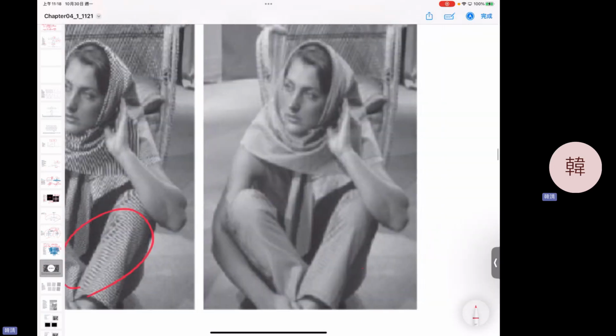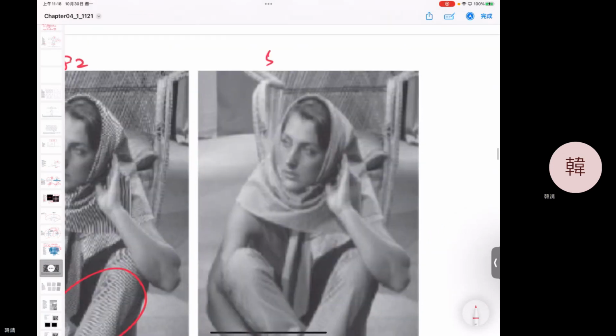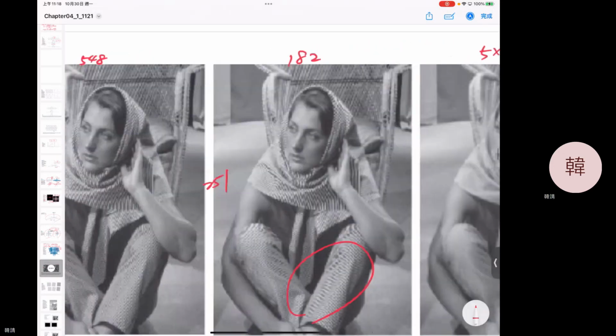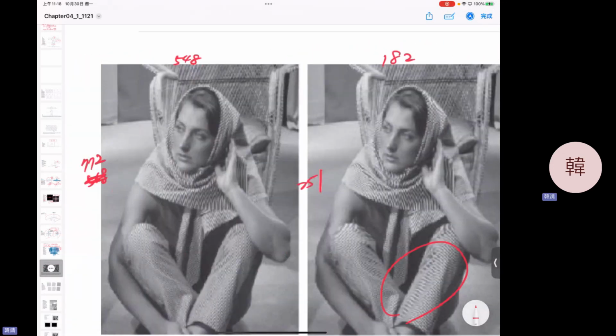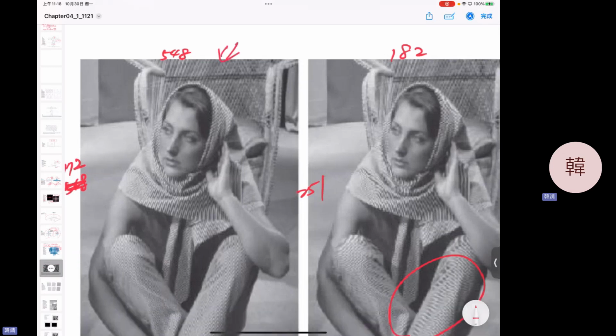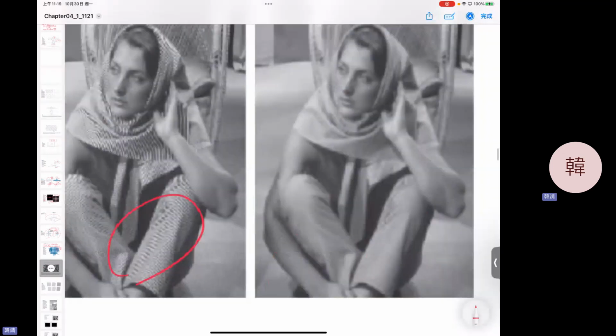If we apply some low pass filter, a smoothing filter, on your image first, before we sample it, and then sample again.